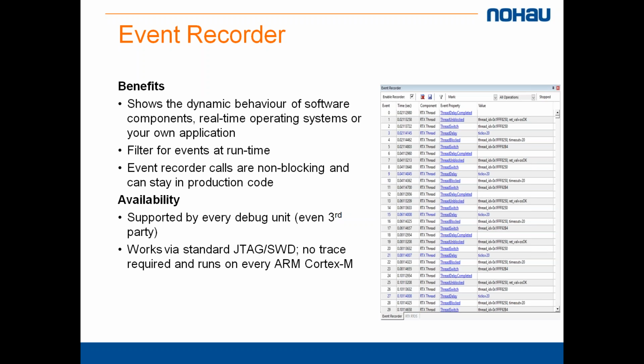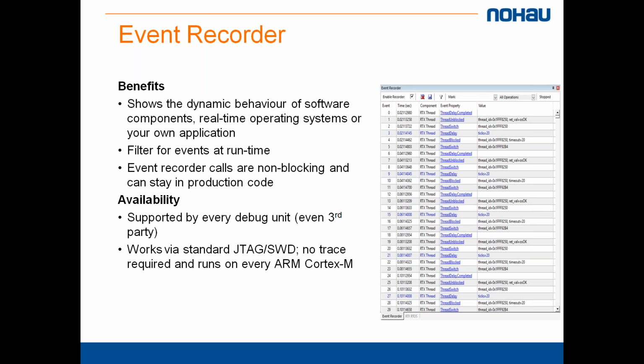When you do this, you are able to filter the messages at runtime. This means you don't have to do this at compile time. When you are in runtime and you're only interested in certain things, you can filter out the messages that you are interested in.